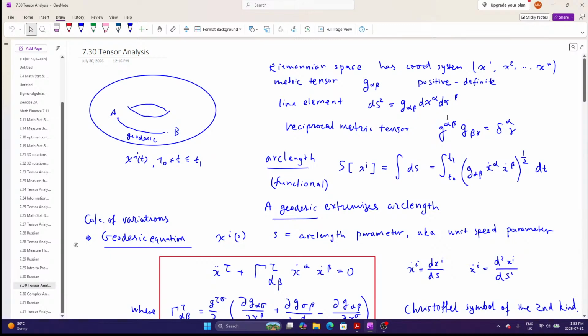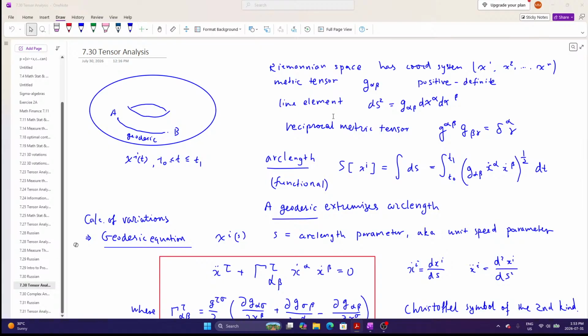In this equation, the summation convention is assumed. So here we have the line element, which is the primary computational tool, the fundamental computational tool in Riemannian geometry.